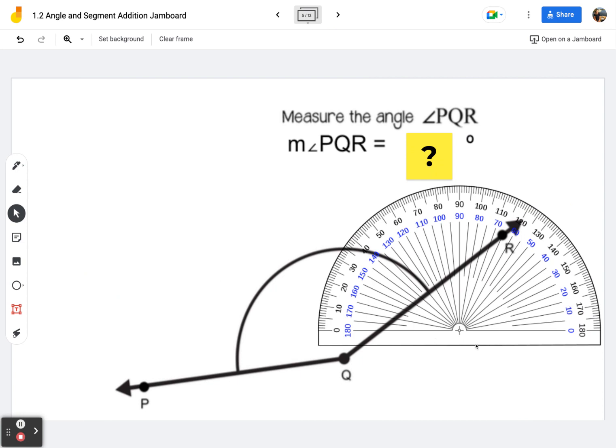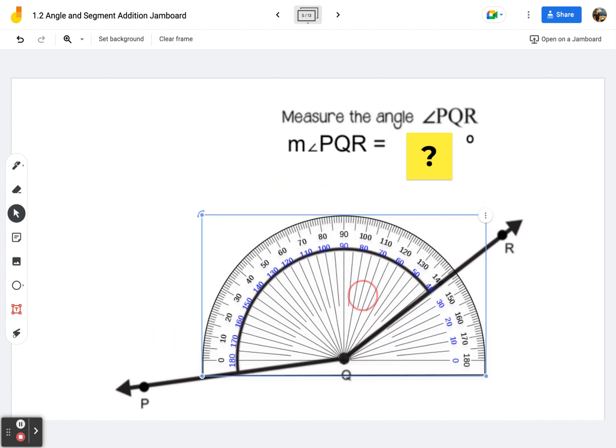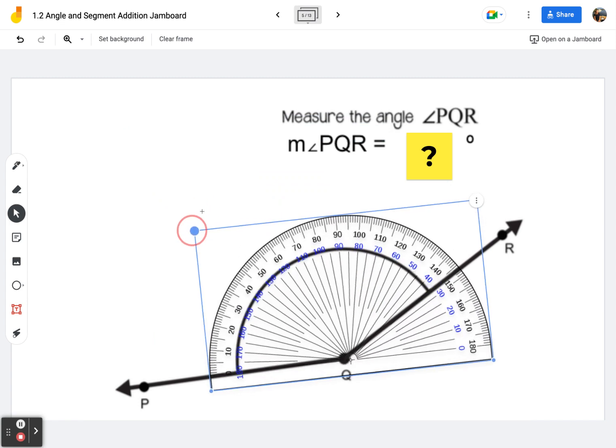And this time, when I line up my protractor for this larger angle, PQR, I want to use this 0-degree mark and line it up with this ray. I could have done it the other way, but this is just how I'm looking at it right now.